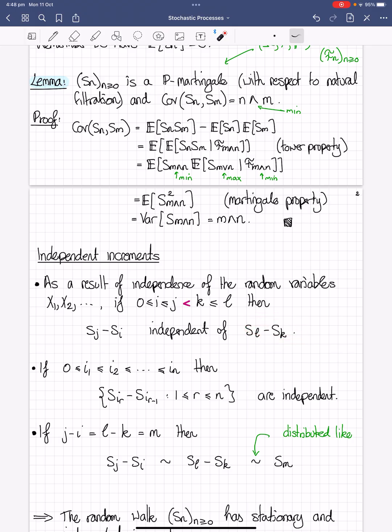That basically means non-intersecting time increments are going to be independent of each other. The random walk over those time increments is independent.